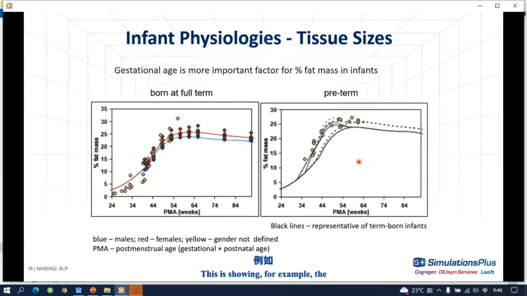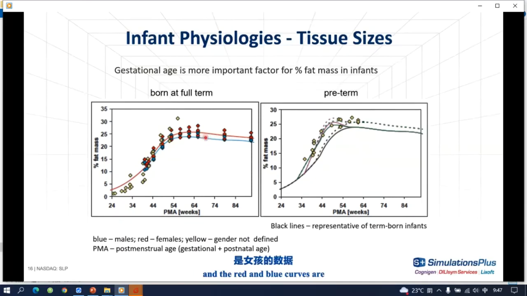This is showing, for example, the adiposity or the percent fat mass, where both the gestational age as well as the postnatal age, the age after birth, are playing their own separate roles. On the left, the plot is shown for babies born at full term, and the blue is showing the data for boys, the red for girls.